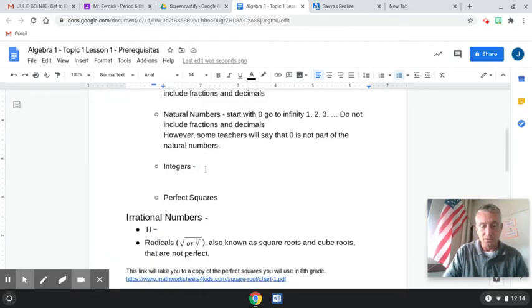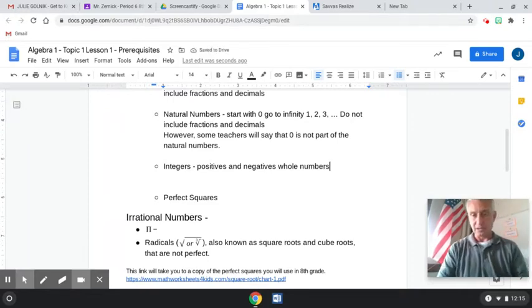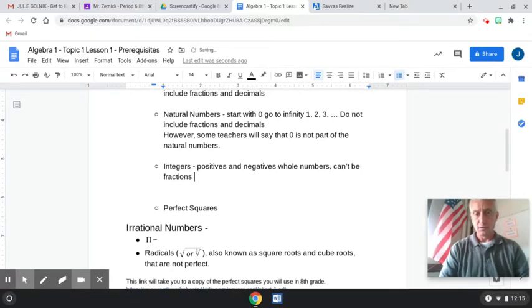Integers. Integers are positives and negatives, whole numbers. Okay, so again, if they're whole numbers, that means they can't be fractions and/or decimals.